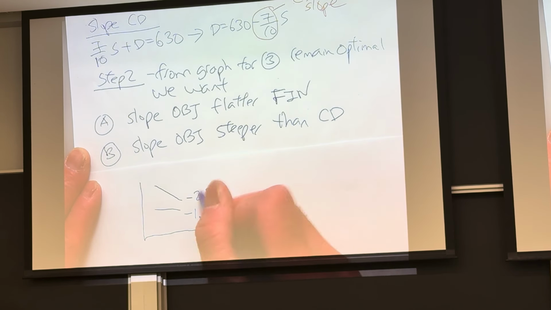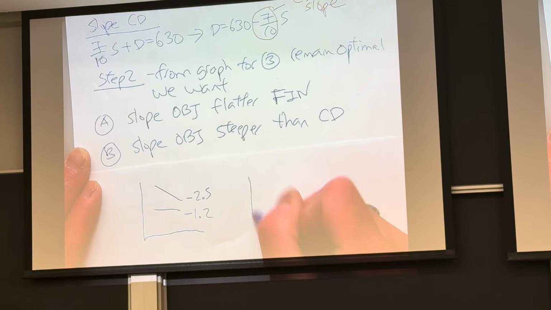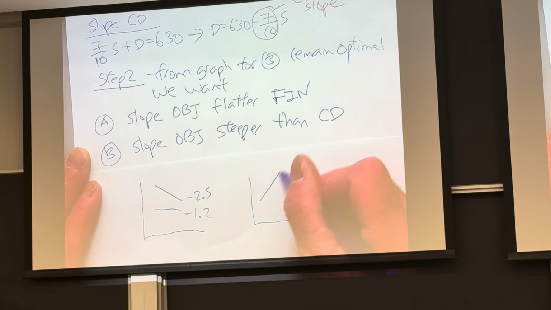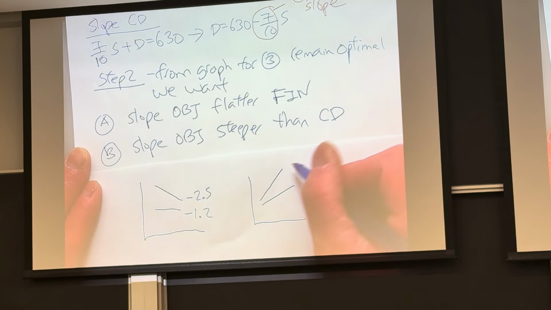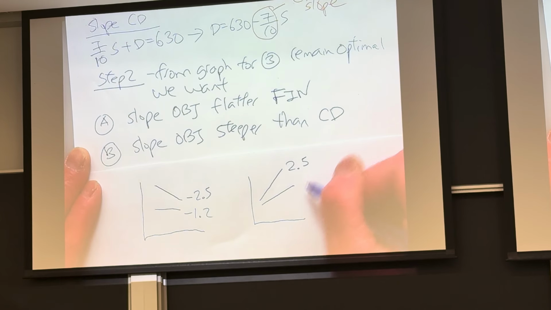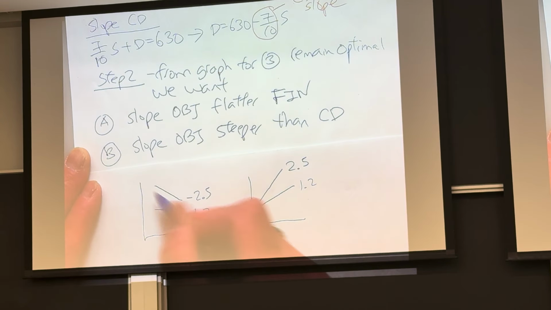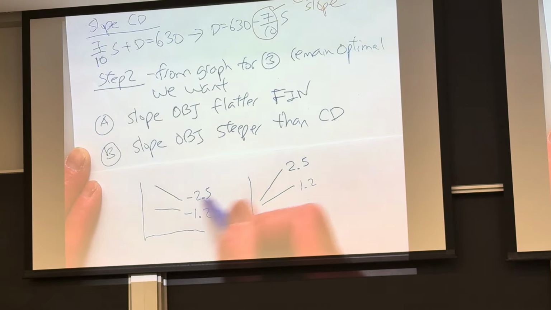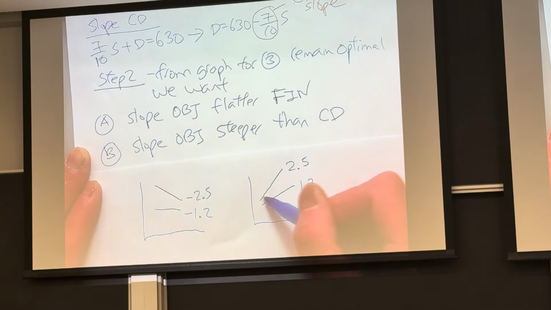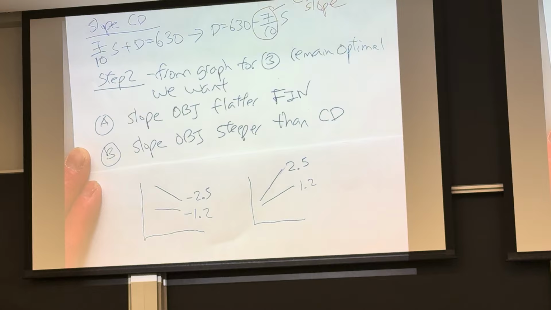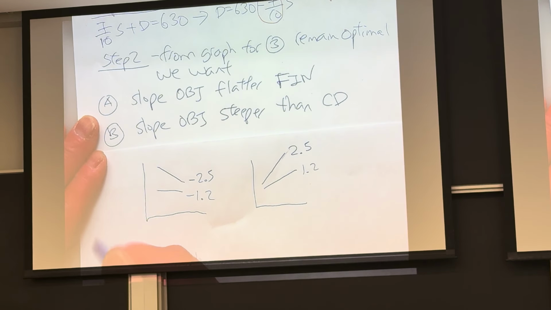You can have constraints that are upward sloping, and in that case, a more steep slope will be a bigger positive number. A more steep slope has a more negative number, and if the constraint slope were positive, then a bigger number would have a steeper slope. Okay, so now we've got a little reference diagram here. We can start making comparisons.